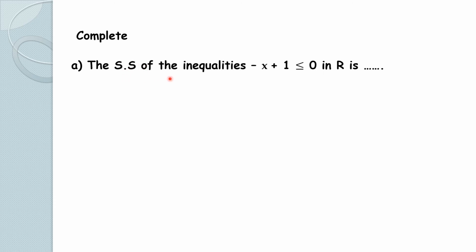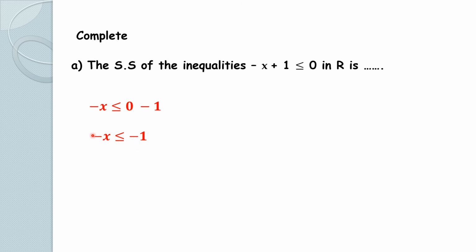Complete the solution set of the inequality negative x plus 1 less than or equal 0 in R. We will solve this inequality in our draft here. Negative x less than or equal 0 minus 1, so negative x less than or equal negative 1.